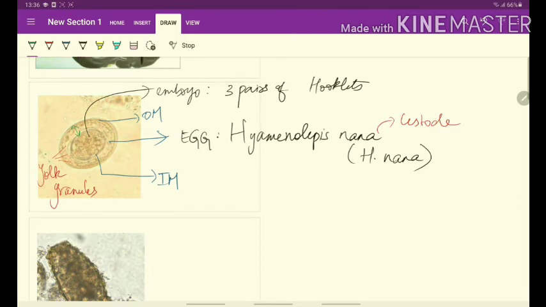And the characteristic feature in this Hymenolepis nana egg is there are polar filaments running between 2 poles in between the outer and the inner membrane. So here they can be visualized, polar filaments. This is the egg of Hymenolepis nana.